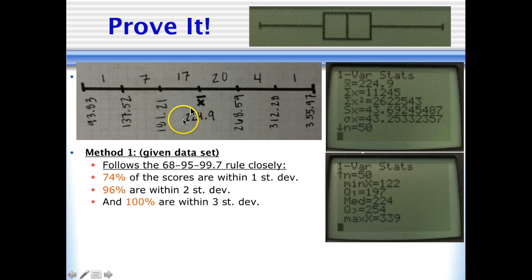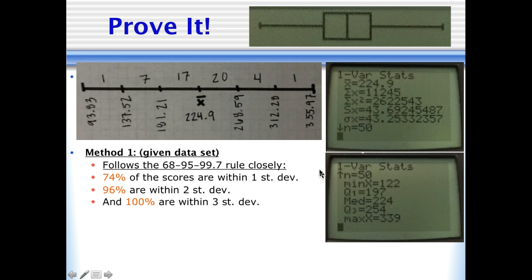So if I take that mean and go out 3 standard deviations in each direction, and identify those values along this axis, I can simply count the data in terms of how many values fall in each section of this distribution. If I counted how many values fall between 93.83 and 137.52, I only tallied one value to fall in that interval. I tallied 7 values in this next interval, 17 in the next, etc.